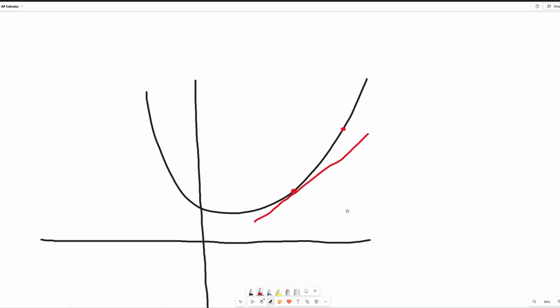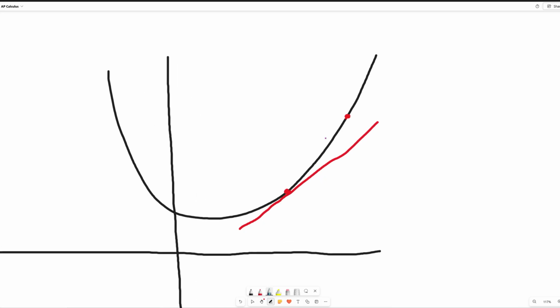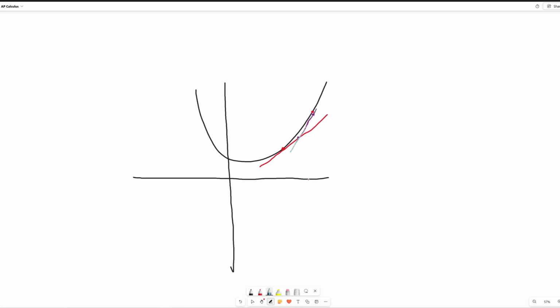What Euler's method does is it takes this tangent line and then goes halfway between this point and this point on this tangent line, and then from here creates another line tangent to the graph, but it's on the tangent line. So then, when you're looking at this approximation, it will be much more accurate.